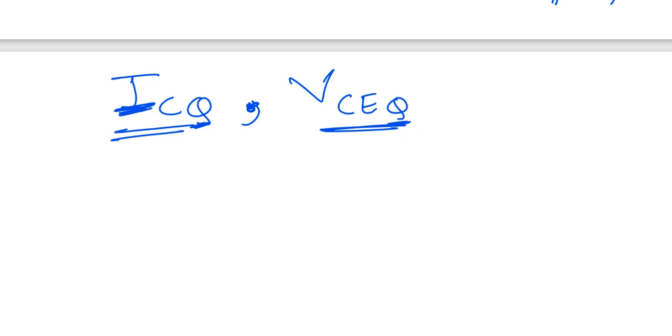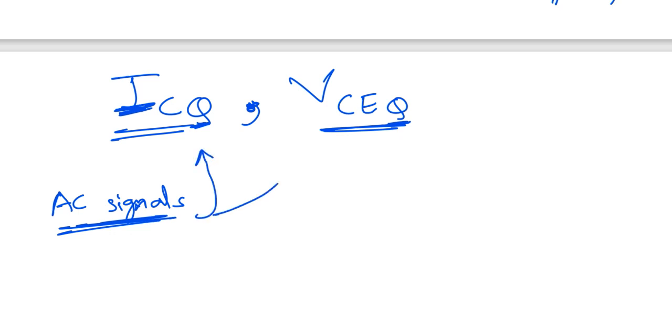Basically we use it to amplify AC signals, our inputs are AC signals. To amplify them, we should have this much ICQ and VCEQ, and we should operate the transistor with this DC current and this VCEQ voltage.